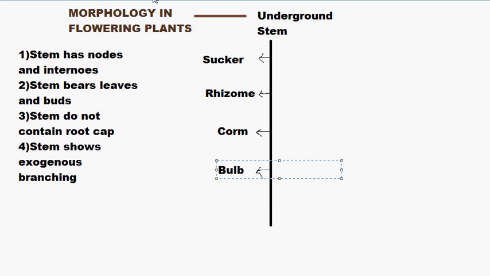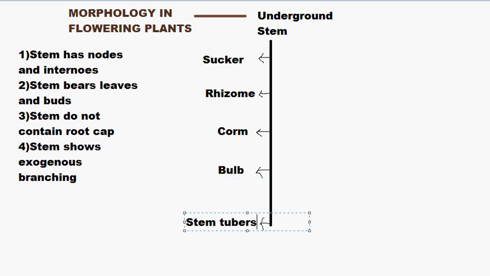And the last one, the fifth one, will be the stem tubers. Well and good, let us understand them one by one.